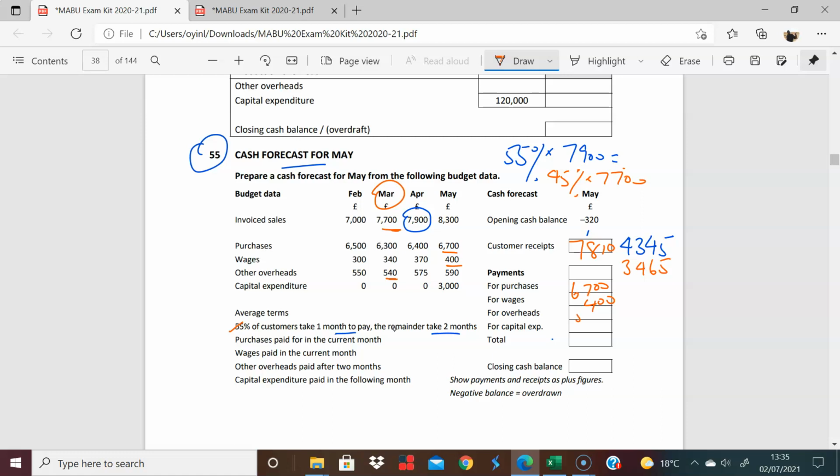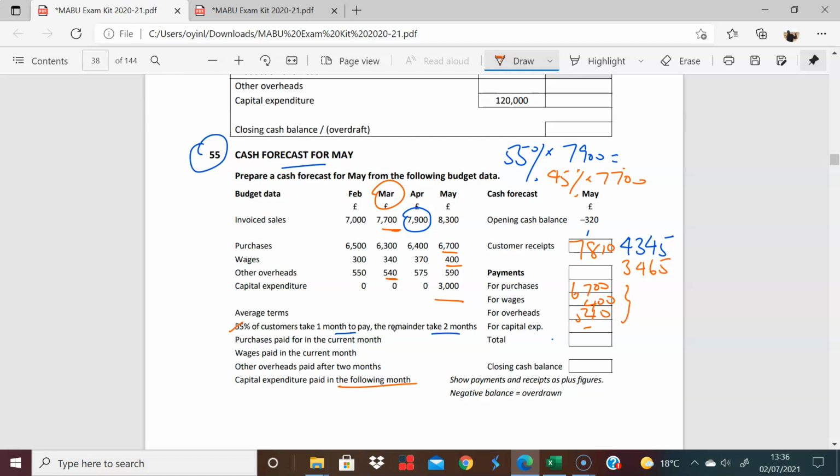So that's the 540. And this is capex paid in the following month. So capex realized or suffered in May but paid in June, so there's no capex in that month. So it's just reading the question carefully, because you might have another question that will have capex being paid in that month, of May. It's very possible.